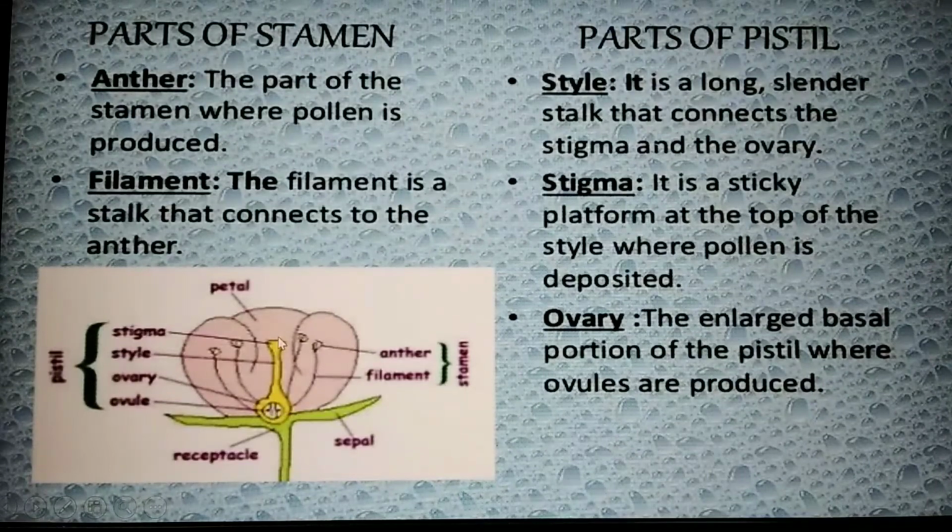Whereas coming to the female part of the flower, it is a flask-like structure. It contains a long tube-like slender stalk, which is known as style.